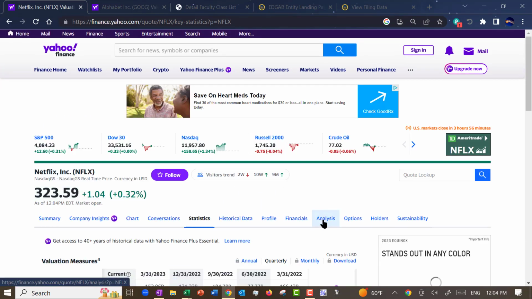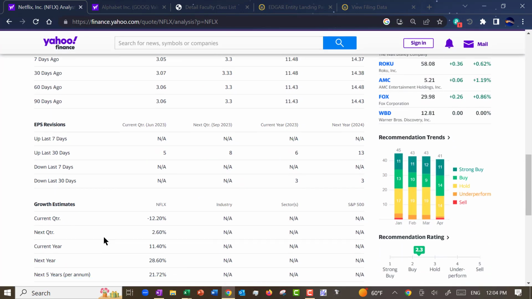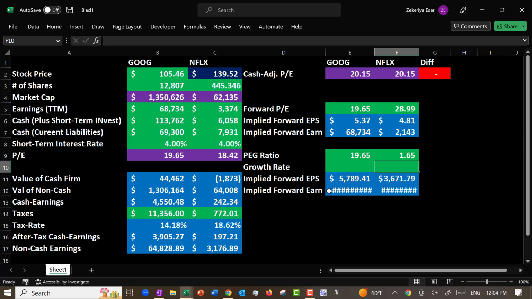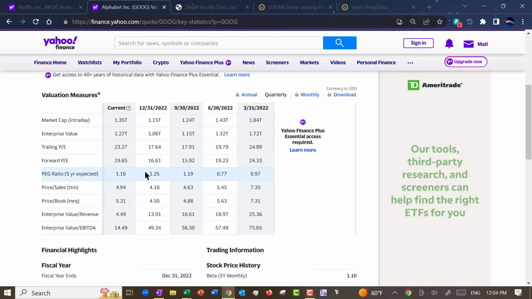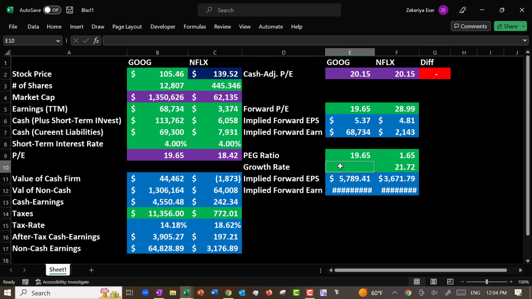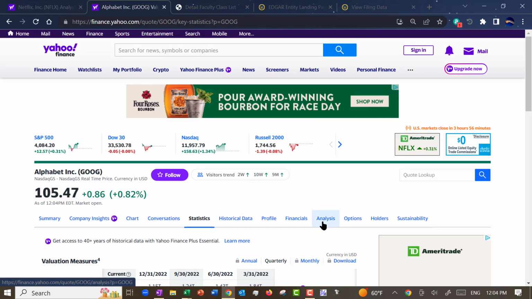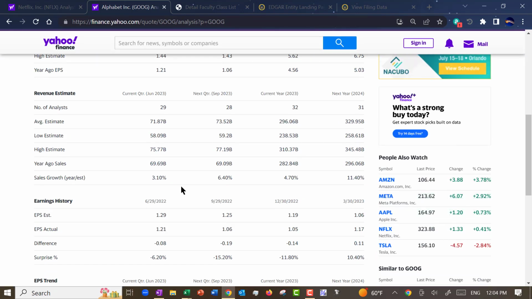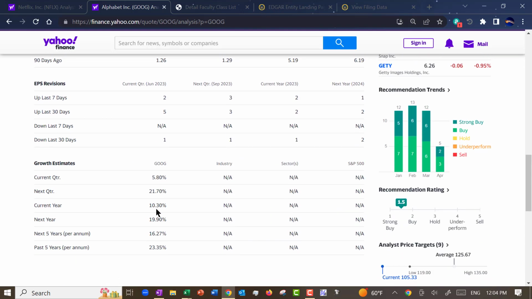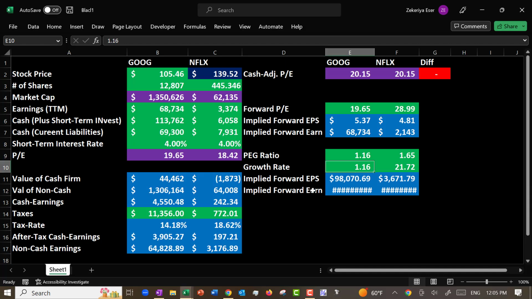Oh, get that from analysis. 2172 without the percent sign. Same thing for Google. 116 PEG. $16.27.